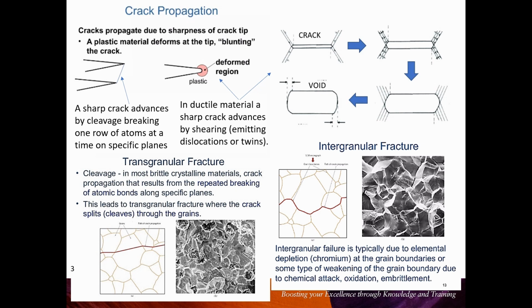Slip is very difficult, and the only way to break the material apart is to cause the decohesion of the atoms, so break the atomic bonds. And typically this requires very, very high stresses.